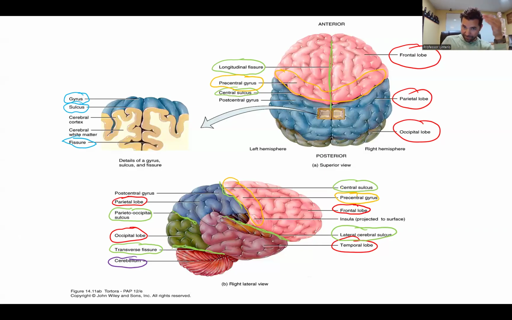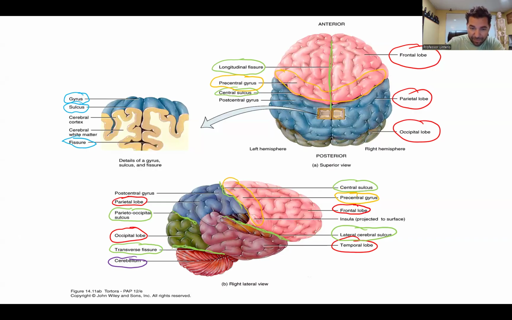It is in front of the central sulcus, so it's called pre, thus the precentral gyrus. This is an extremely important part of your brain that is responsible for controlling your motor movements. Any type of muscle contraction will be initiated from this region of the brain. Very, very important. Voluntary motor control.